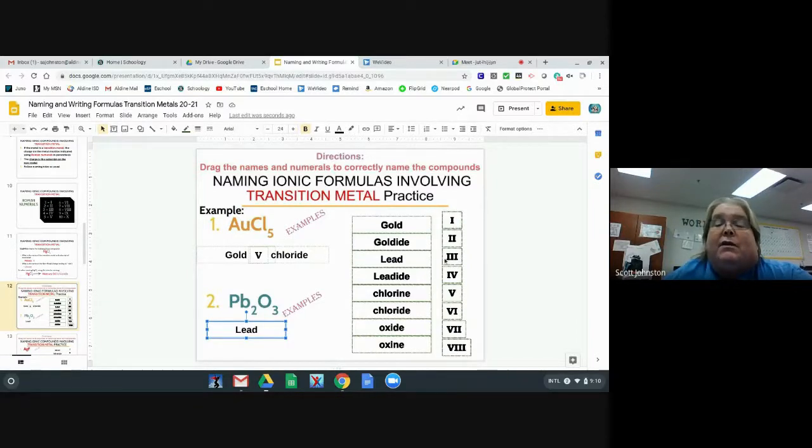So we go over here and grab a 3, and bring it down here to our lead. Now, it's not going to be oxygen, it's going to be oxide. So drag it over. So we now have lead 3 oxide. Easy as that.